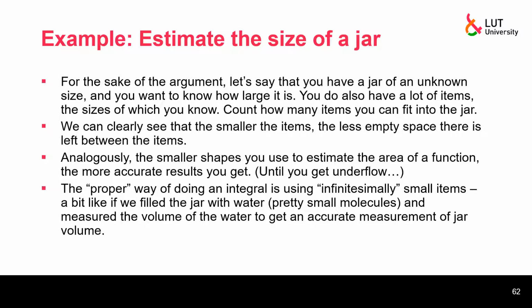In numerical computation, you can typically go ultimately small. In a physical example, we can pour water into the jar and measure how much water there was, and we get a pretty good estimate of how large it is. But with computers, when you start adding small enough numbers, we go below the counting accuracy of the computer and we start rounding.